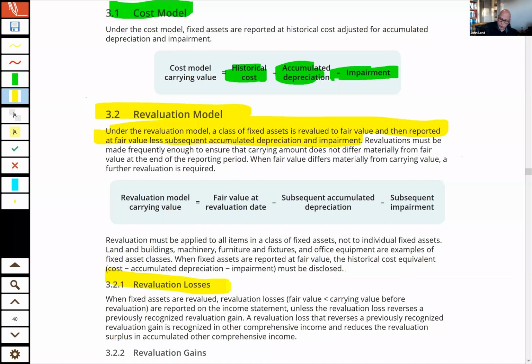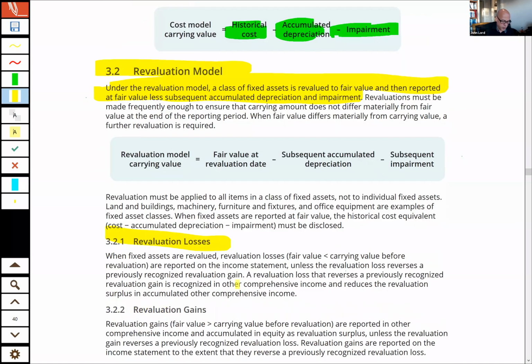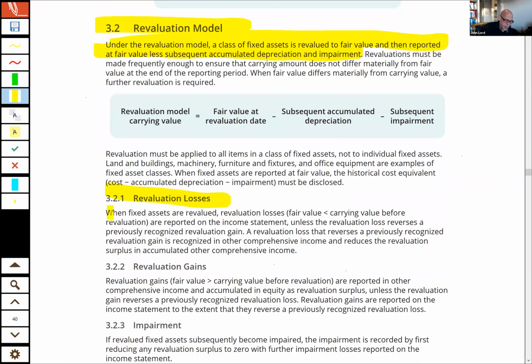Now what we do is we have the revaluation losses. When a fixed asset loses value, it is reported on the income statement. Unless, and this again only under IFRS, we have been allowed to take a revaluation surplus previously, then that would go against that revaluation surplus included in other comprehensive income.